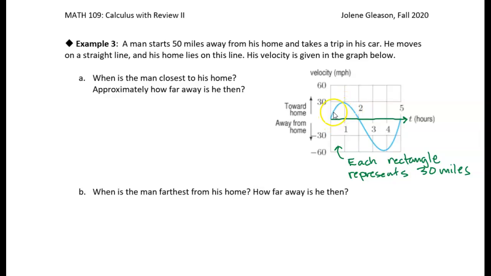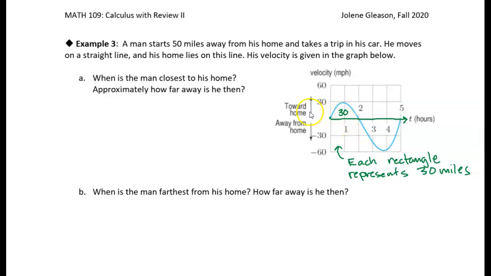So if I look at this first section from 0 to 2, this is t equals 2. The area under this curve is about half of a rectangle in area. So I'm going to estimate this area to be 30 miles.